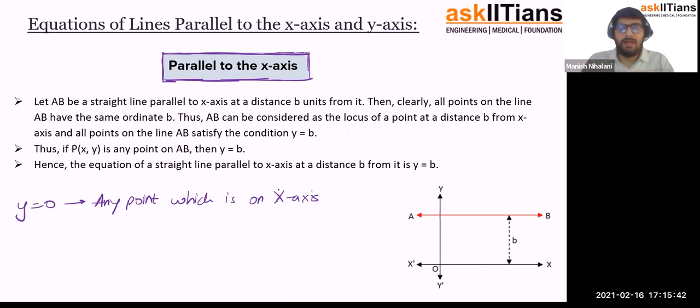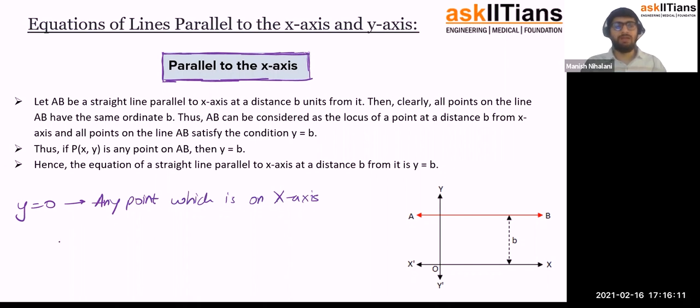The y coordinates would be negative when you are below the x-axis, that is, in the third and fourth quadrants, whereas in the first and second quadrants, the y coordinates are positive. Any point on the x-axis has y coordinate 0, so y is equal to 0 is the equation of the x-axis.